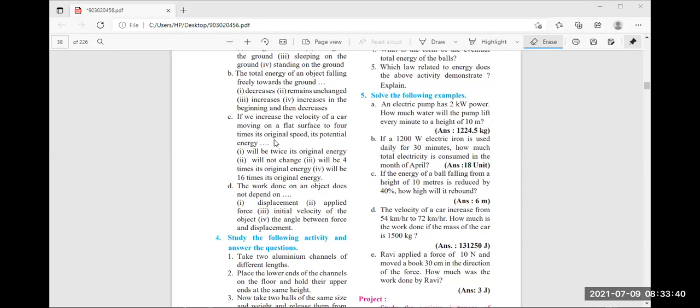Darshil Gauri, what is the answer? Internal velocity. Okay. Now, Sakhi, tell me why internal velocity? It's initial velocity. Why is it initial velocity?